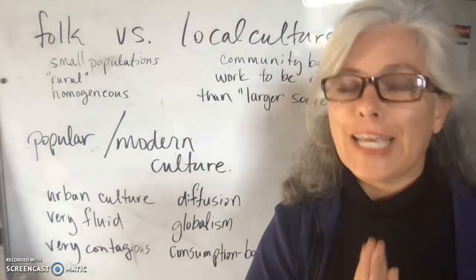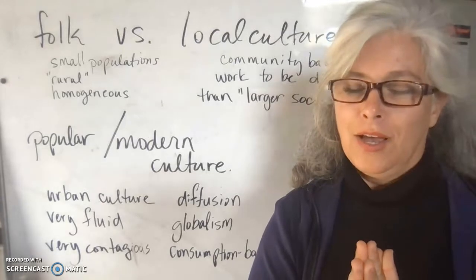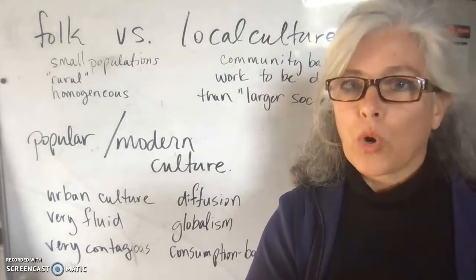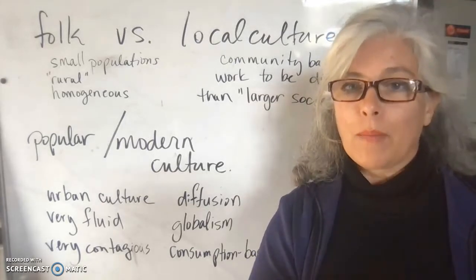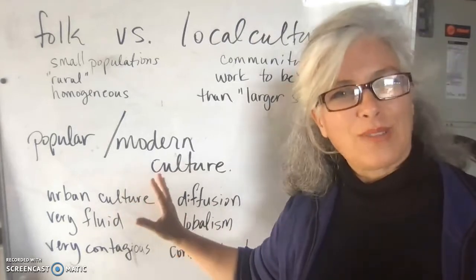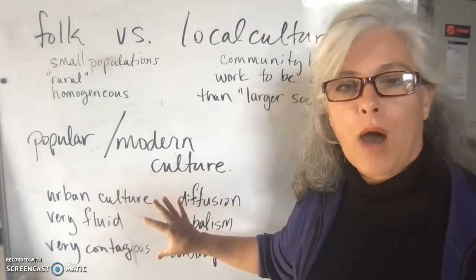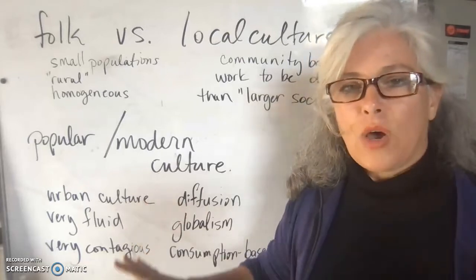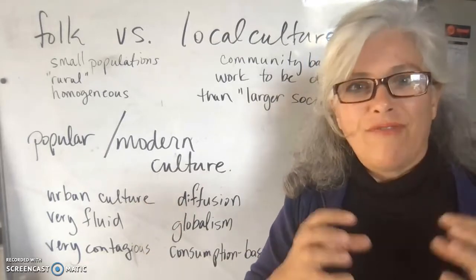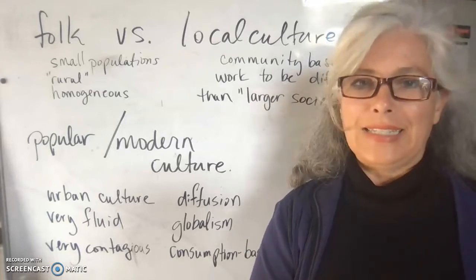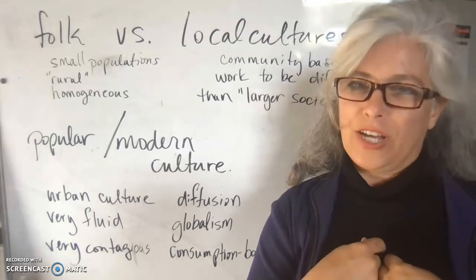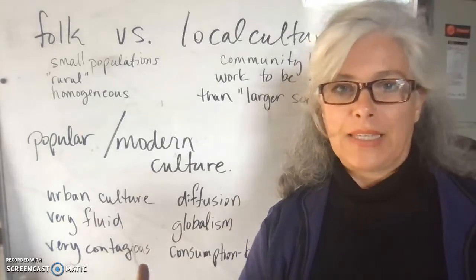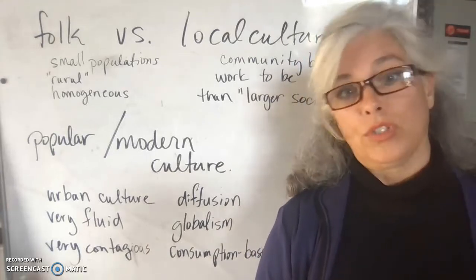There's very different issues that are important to first world people. Remember, we're talking on a macro scale here when we look at popular culture, but it's lived out by you and me on the micro scale. And so on the micro scale, we have a very different attitude and idea about what's important or necessary in our lives to get by on a daily basis than folks in the third world do.